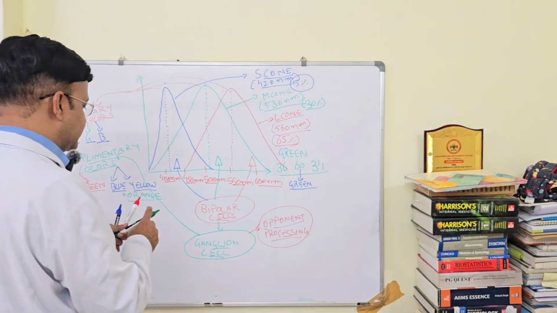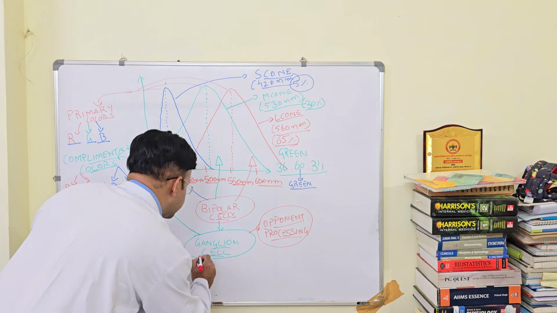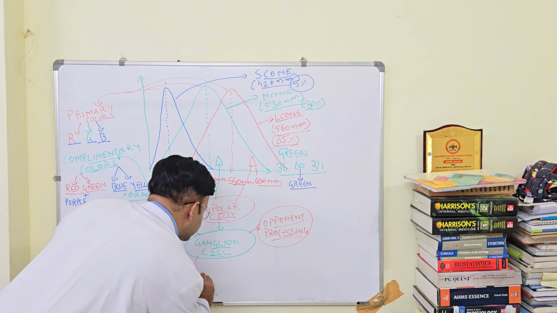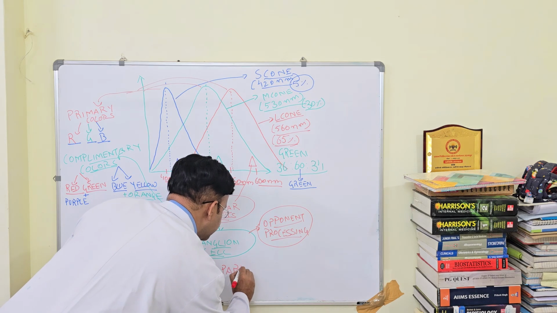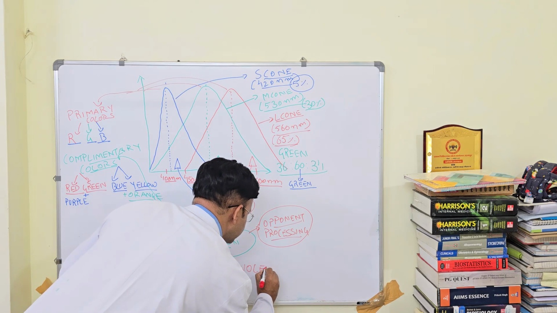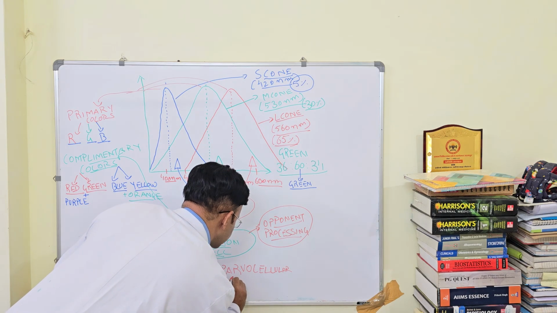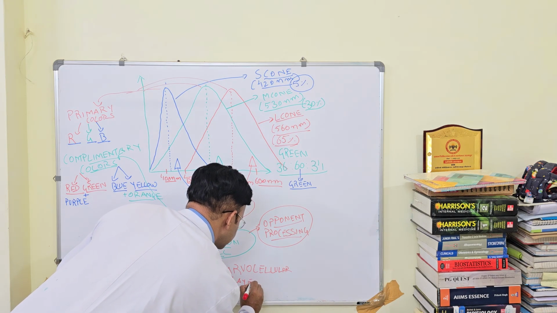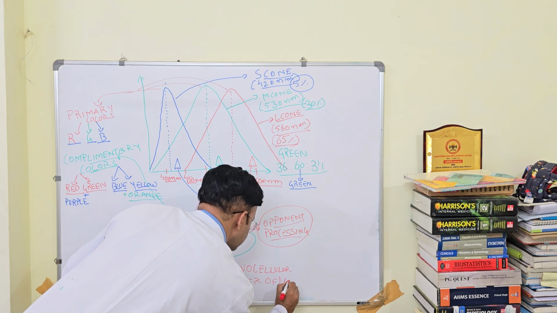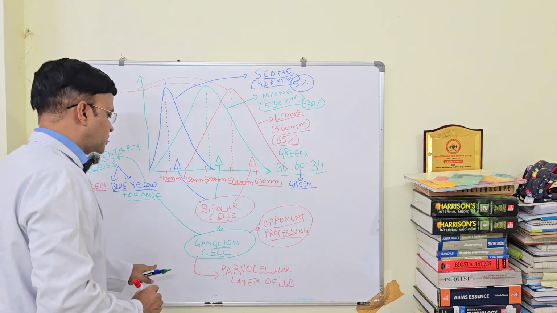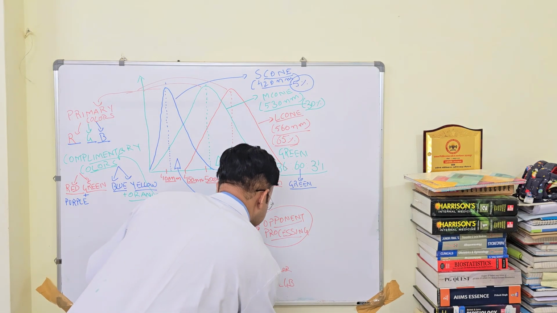From the ganglion cell, it will go to the parvocellular layer of the LGB. From there, it will go to the visual cortex.